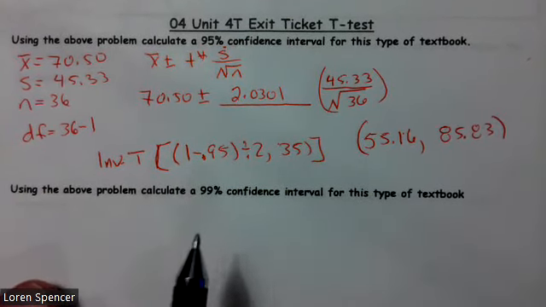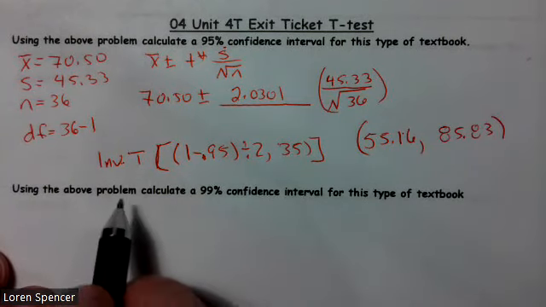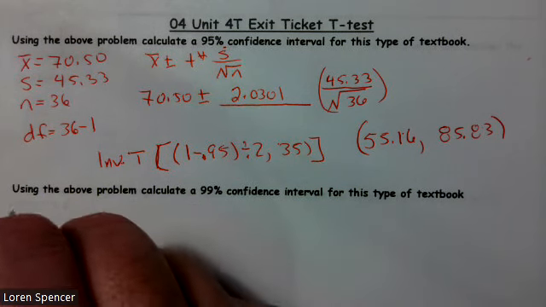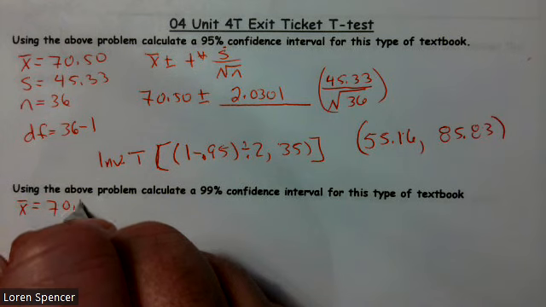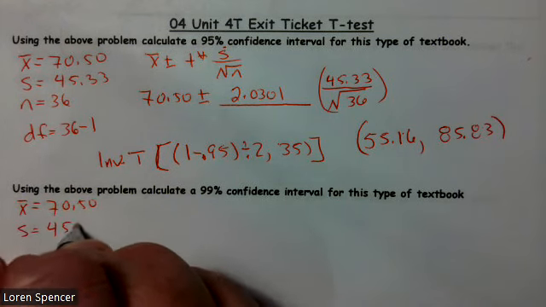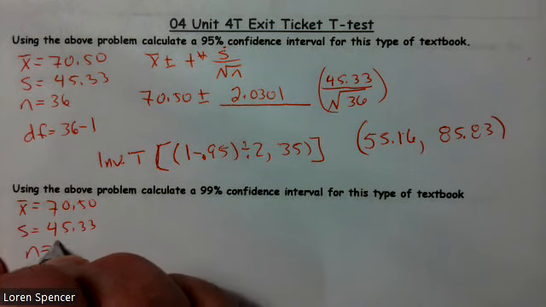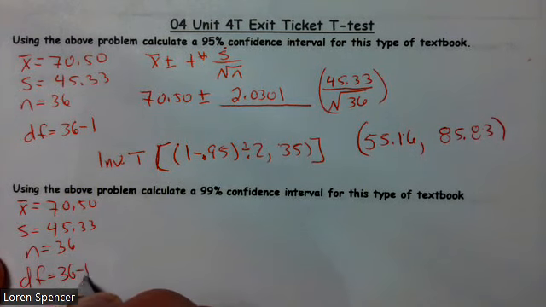All right, use the above problem to calculate a 99% confidence interval. Well, we have the same information. I'm still going to write it down again because it's really good practice. X bar is 70.50, s, our standard deviation, is 45.33, n is 36, and we know we're working with a t-distribution because the standard deviation came from the sample.